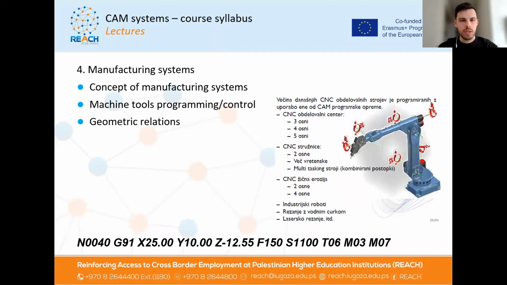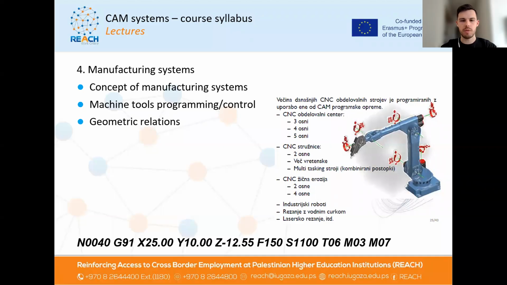Then the fourth lecture, which is the whole system of manufacturing. The students will find what the concepts of manufacturing systems are, how the machine tool is programmed and controlled, and what the relations are with that.